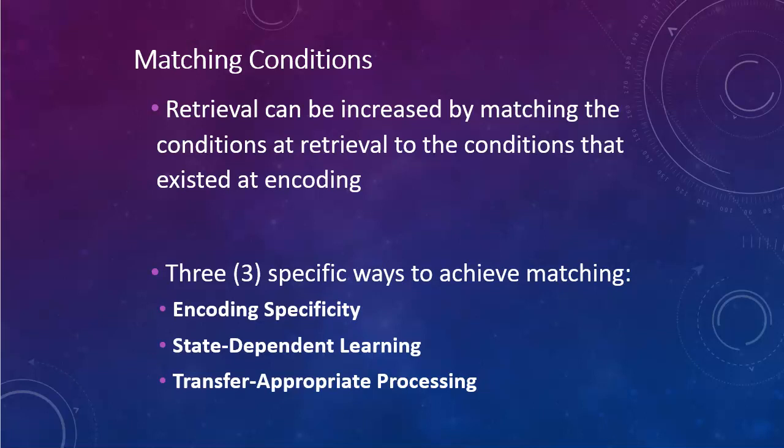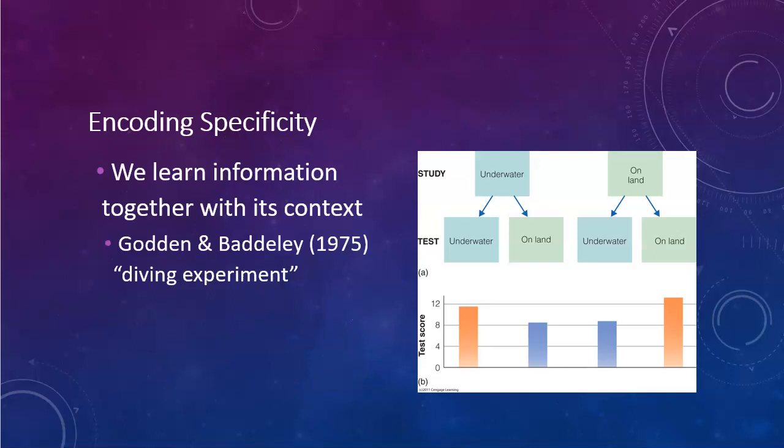So let's get into these three different specific ways. The first one is encoding specificity. Here, we learn information together with its context. This is pretty much just saying that the context where you learn something is important.